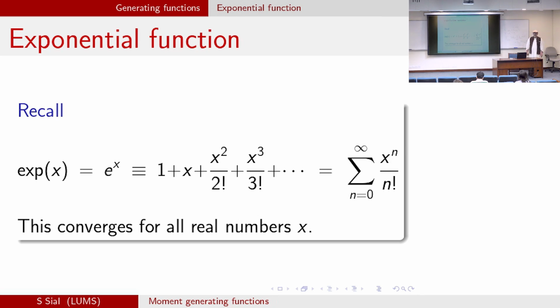Now, infinite series sometimes diverge off to infinity, and sometimes they converge. Even if you didn't do calculus 2, you've seen the geometric series. The geometric series converges for some values of x: 1 over 1 minus x is equal to 1 plus x plus x squared plus x cubed.